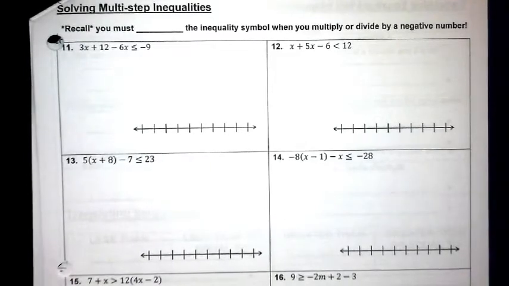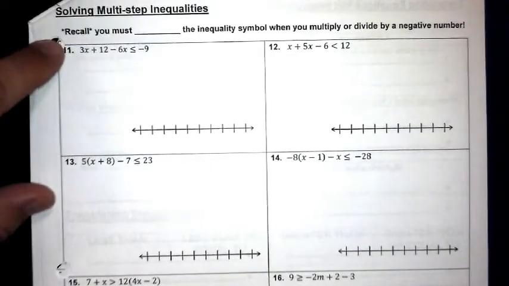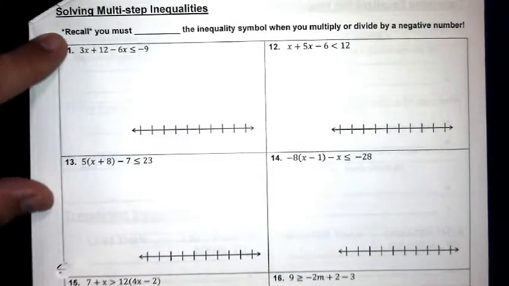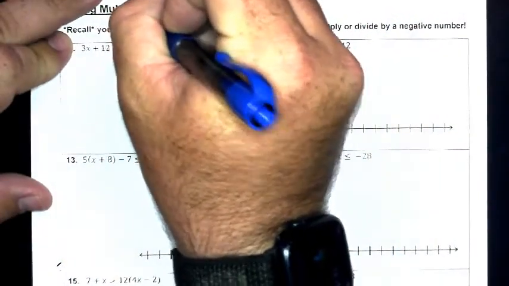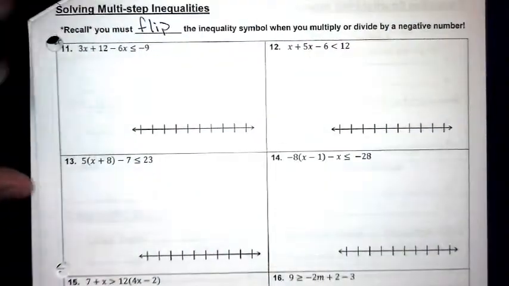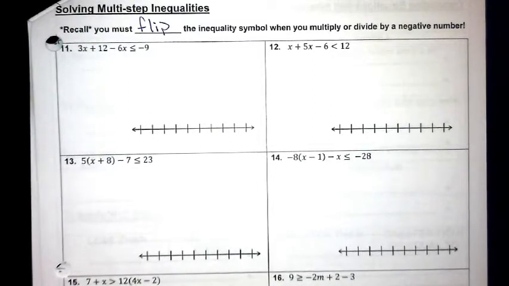You must flip the inequality symbol when you multiply or divide by a negative number. This is literally the key term in this sentence: by a negative number.